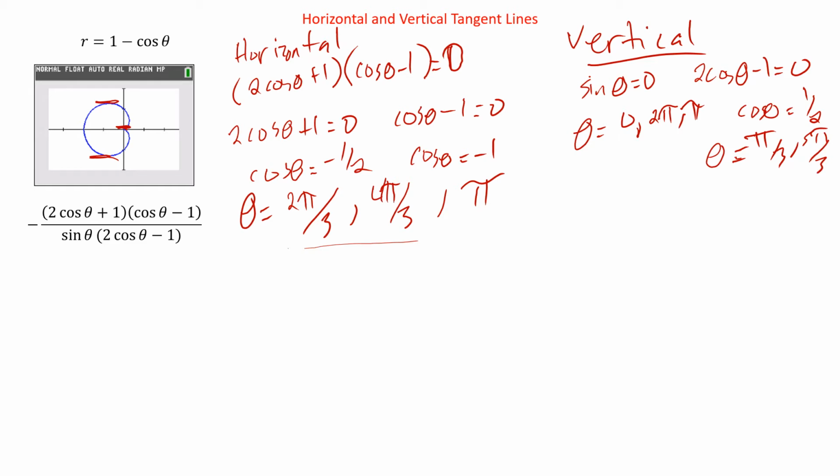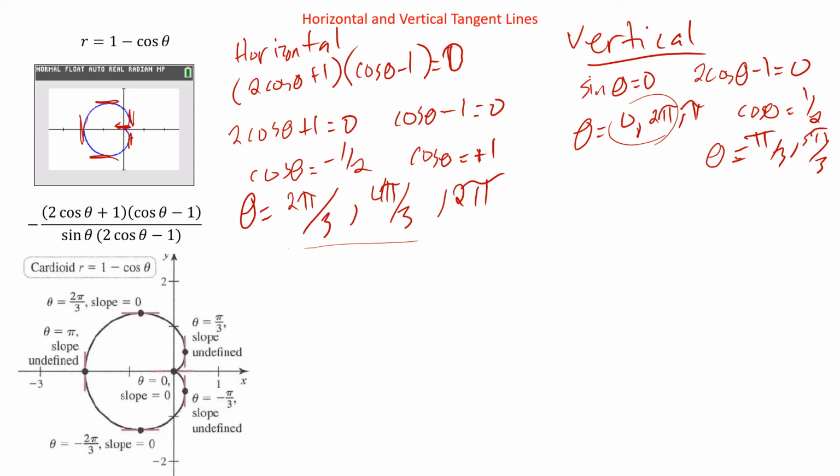And those would be there. Here's the pi. Oh, cosine theta doesn't equal negative 1, it equals positive 1, giving us 2 pi, which would be there, which also, notice, shows up right here.